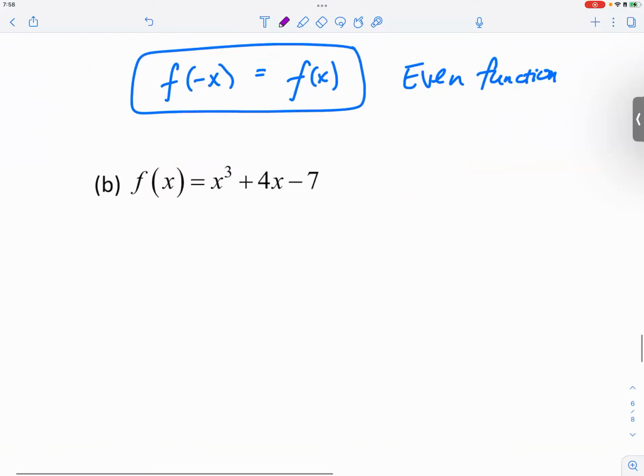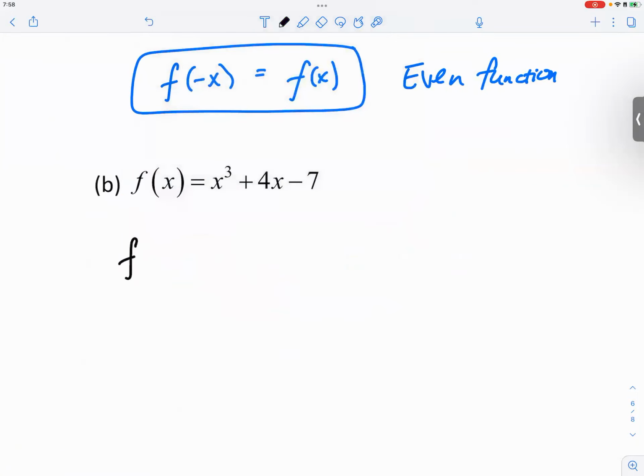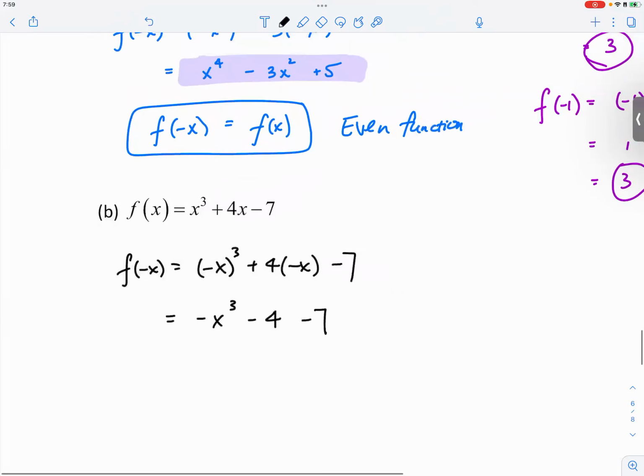Okay. All right. So for part B, same deal. We would do f of negative x. Okay. Same deal. F of negative x, and negative x cubed would remain negative. Okay. All right, like this.